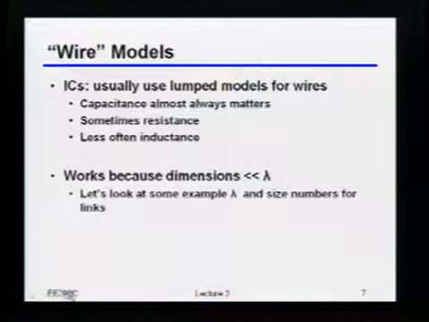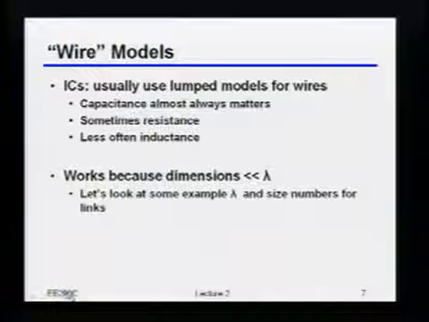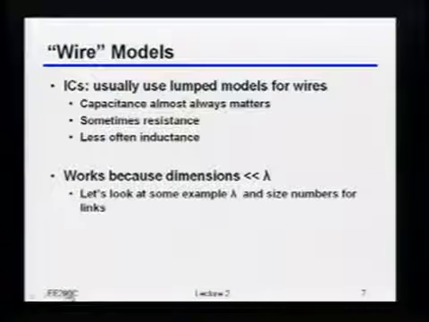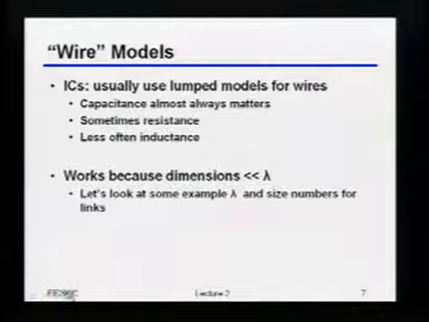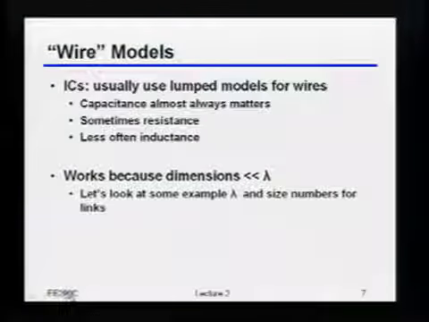The first thing, which should hopefully be a reminder for most of you, is that these are all, of course, just quote-unquote wires, meaning pieces of metal connected to each other. But that doesn't mean they're all that easy to deal with. Certainly in integrated circuits, you almost always use lumped models for wires.